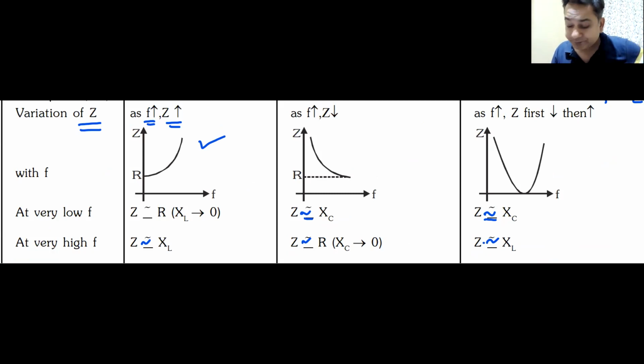R is also there, and therefore the graph is not a straight line. The graph is like this. When frequency increases, impedance increases.